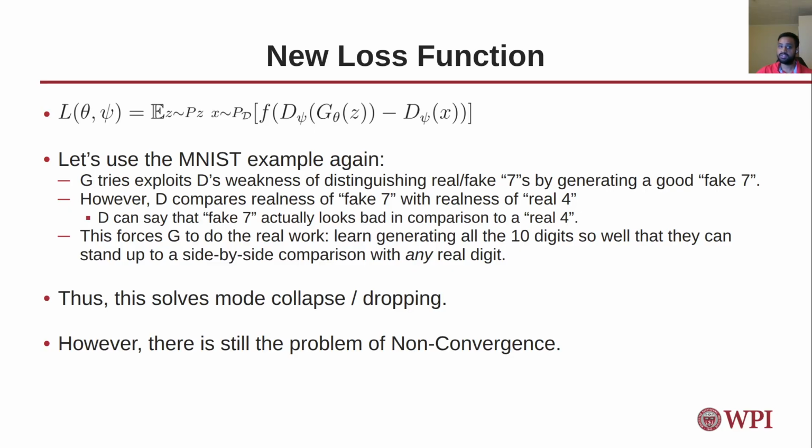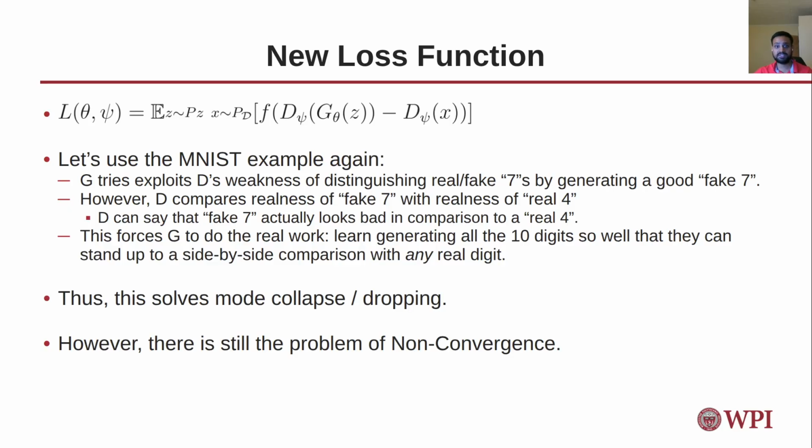And this time, D says this fake 7 actually looks bad in comparison to a real 4. This forces G to do the real work, which is to learn to generate all 10 digits so well that they can be compared side by side with any real digit. Thus, this solves the problem of mode collapse.